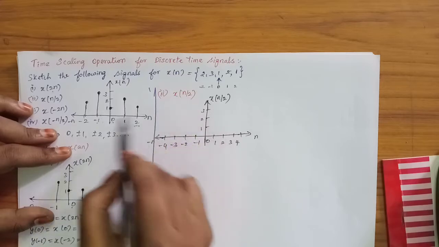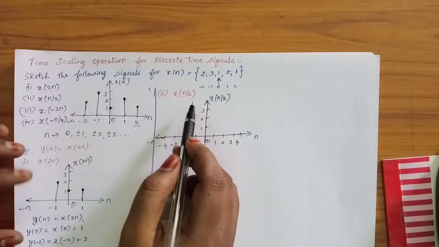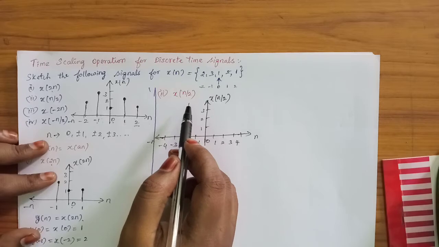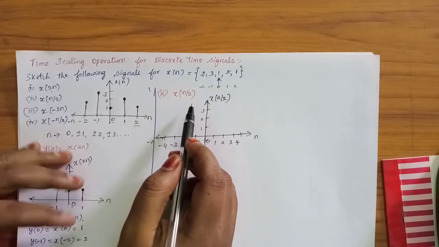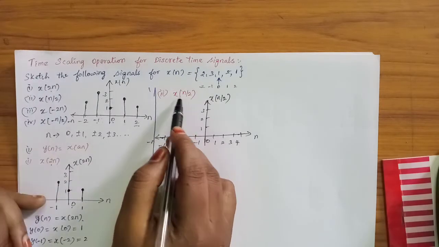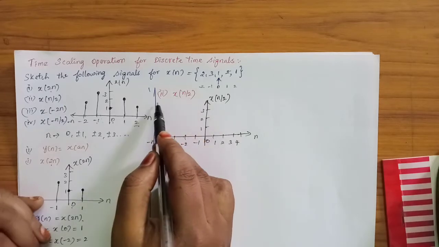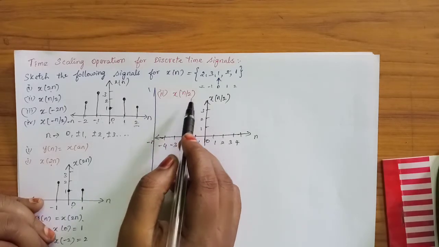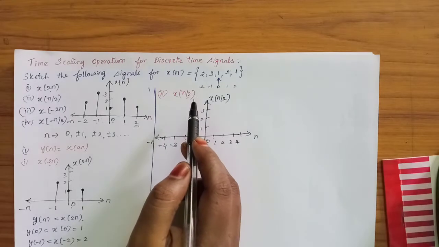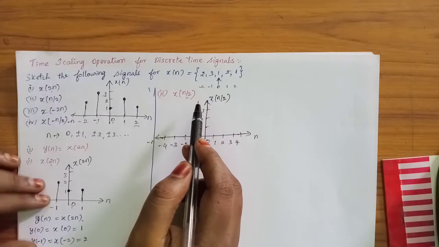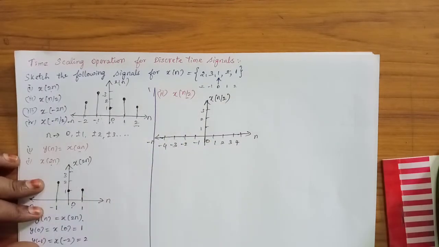If I divide the limits by 2, it is equal to multiplying the limits by 2. Also I have mentioned in the last class itself, whenever we get the template like n by a, we can directly multiply by the a value. So here division means we have to multiply the limits, and multiplication means we have to divide.